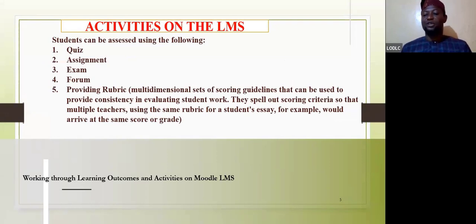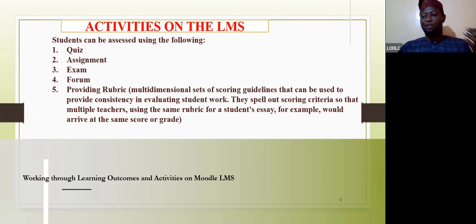We have various forms of activities on the LMS, but the most important of them are quiz, assignment, exams, forum, then rubric. So students can be assessed using the following forms of activities. We still have what is referred to as workshop as well. All these activities are grouped into two: we have formative assessment and we have summative assessment.